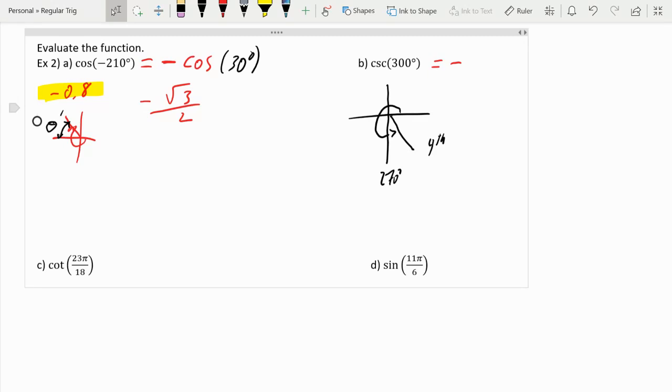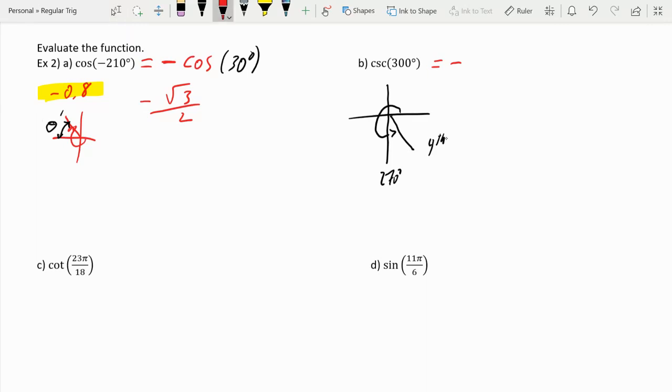You guys could just type this into your calculator, but you'd have to remember that it's going to be 1 over, what's the reciprocal of cosecant? Sine of 300 degrees. You type that in, and you're going to get approximately negative 1.155. But now, me and Fred Flintstone, we would have had to think about what is that reference angle?